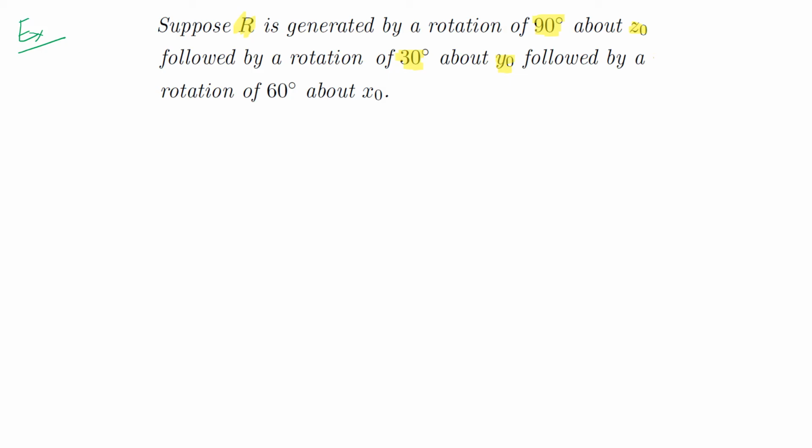But at this particular stage, you can emphasize that because z0 and y0 are with subscript 0, it would mean that you have a fixed frame about which these rotations are happening. So you have in the back of your mind this observation that you have to reverse the order of multiplication. Now, after these two rotations, you have another rotation of 60 degrees about the fixed x0 axis.